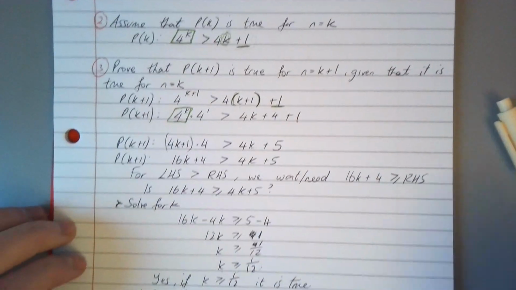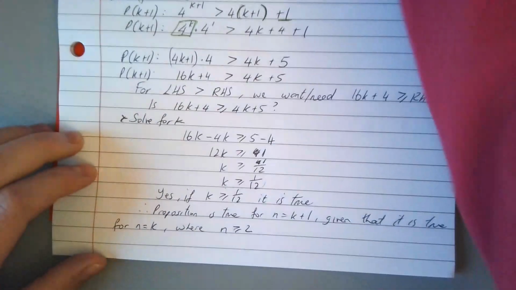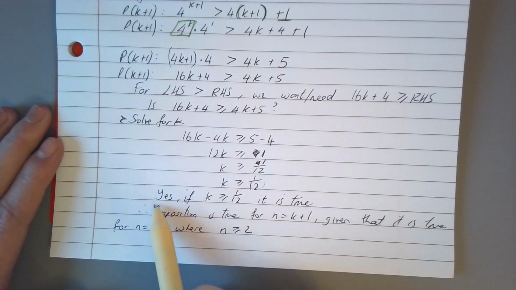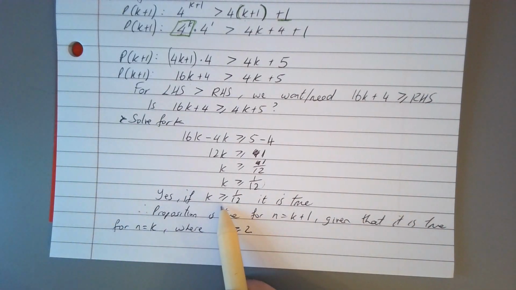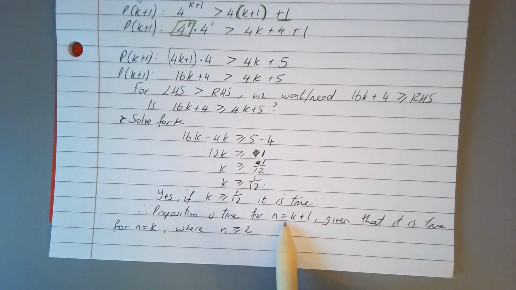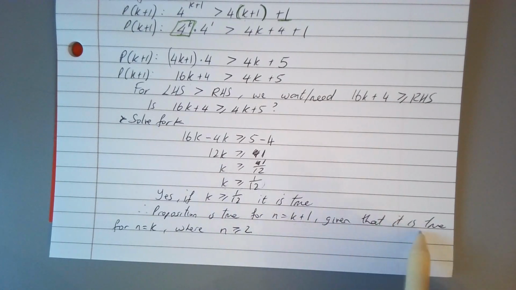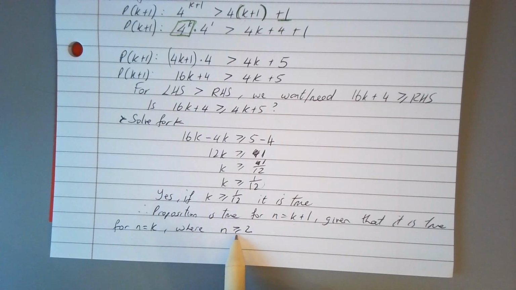And then we'll move that up. So we're saying yes, if k is greater than or equal to 1 over 12, it is true. If it's less than that, then it's not true, but we don't need to go into that for the proofs. We just care about when it is true. And then we have the proposition is true for n is equal to k plus 1, given that it is true for n is equal to k, where n is greater than or equal to 2. So we have our final conclusion then.